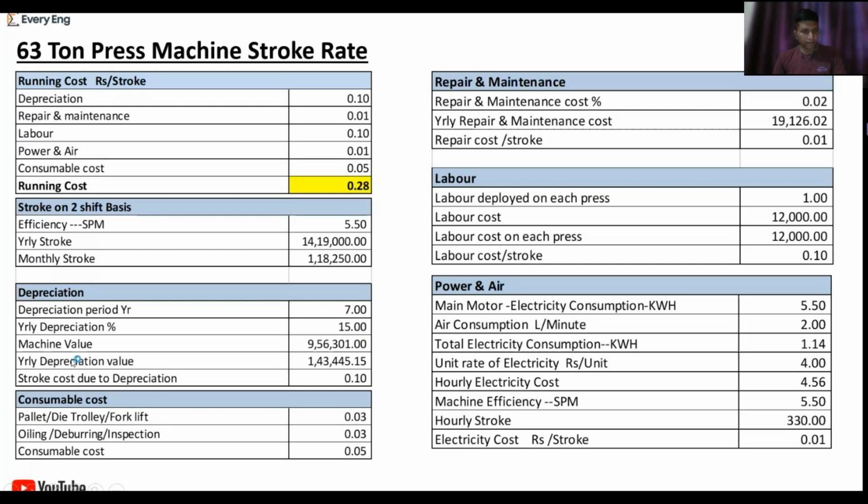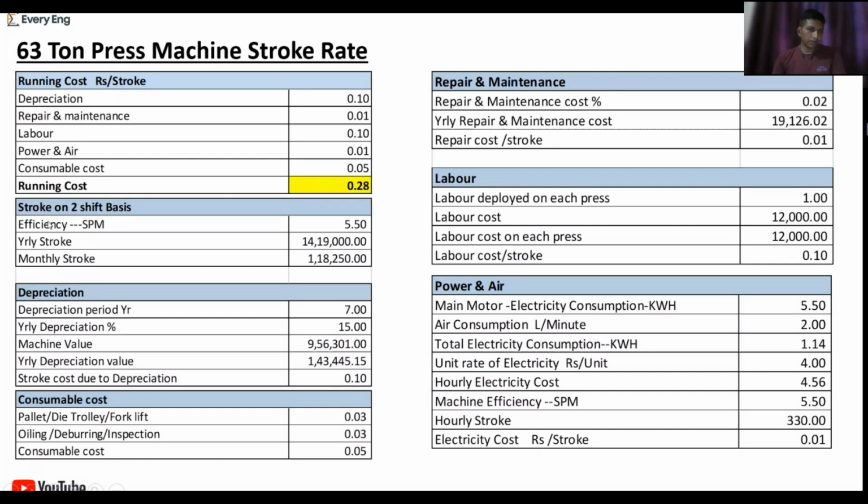So the per year value of depreciation: our machine cost is approx 10 lakh, and the depreciation cost is 1.43 lakh per year. And we calculate the per stock. So how does it come from this?